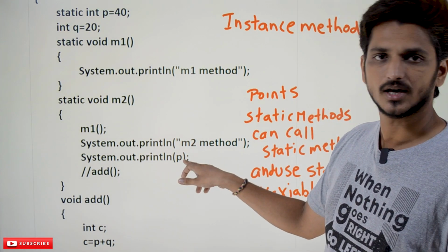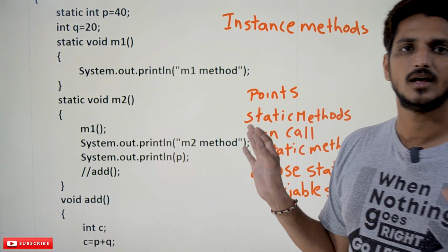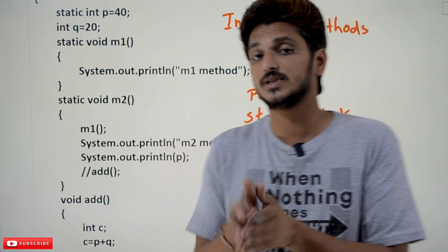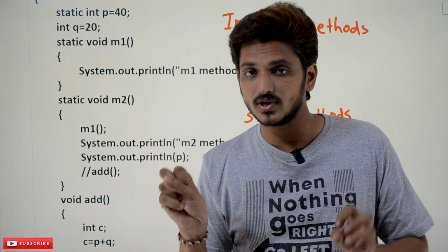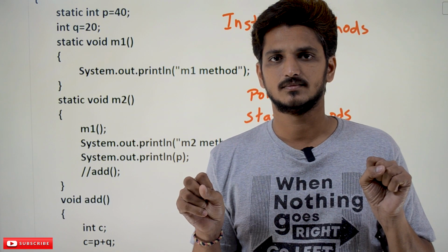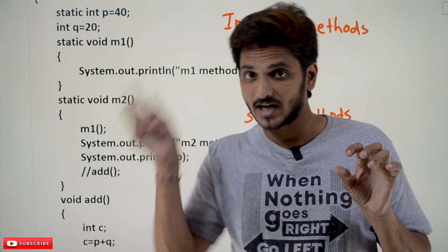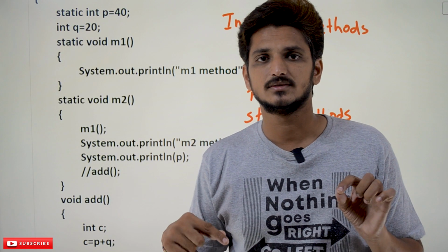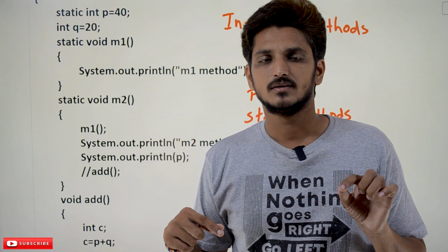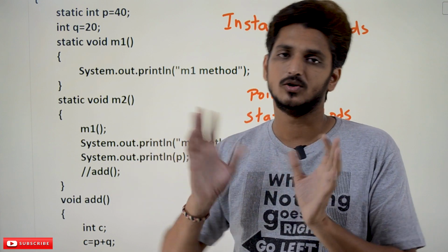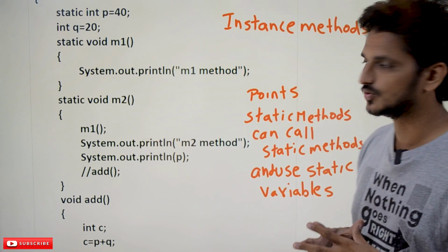If you write q here, it is not executed. But an instance method can use both instance variables and static variables. An instance method can call both static methods and instance methods. So the other side is possible.